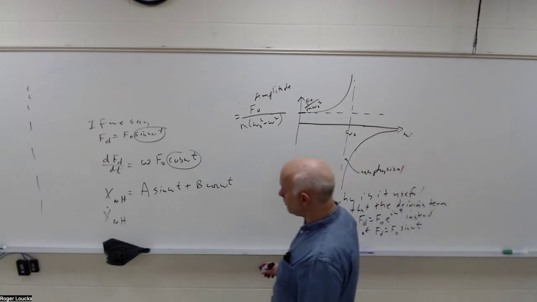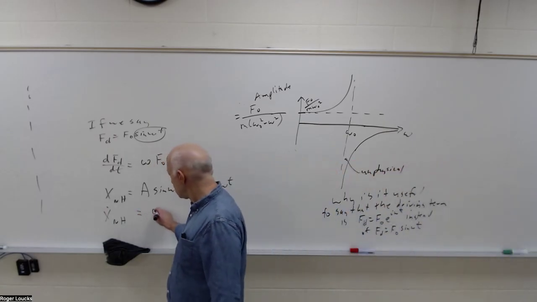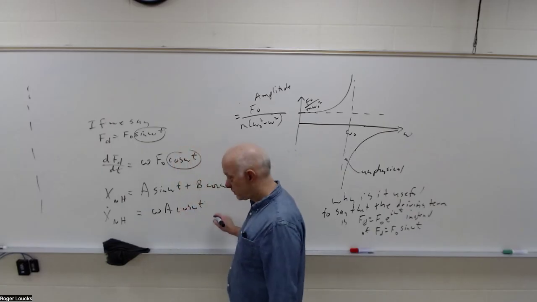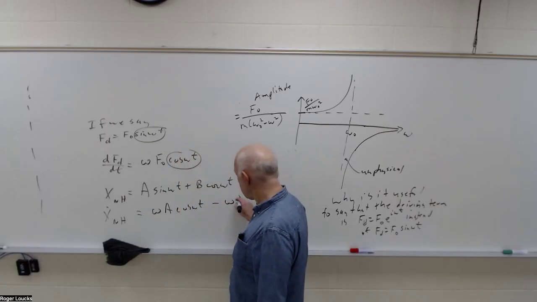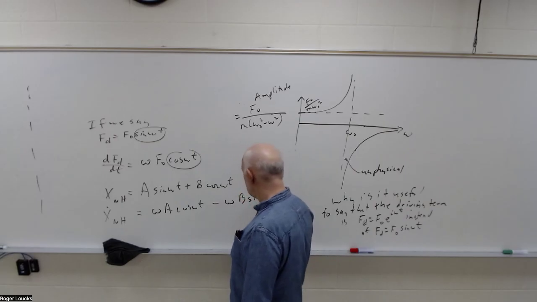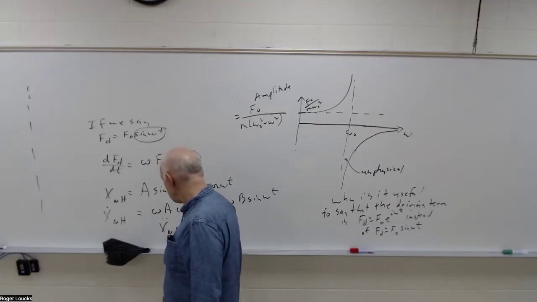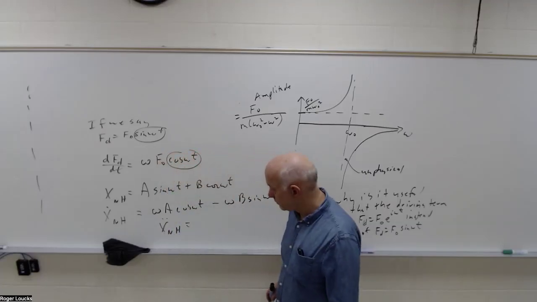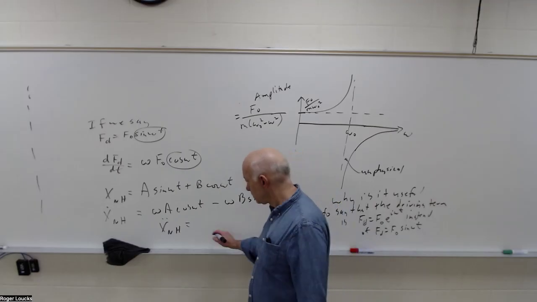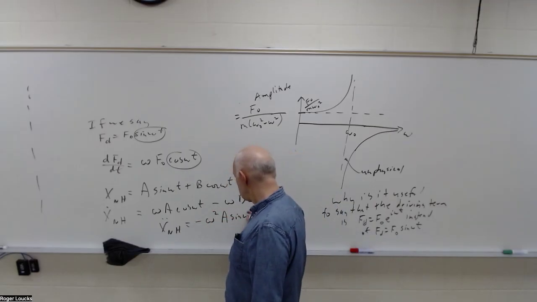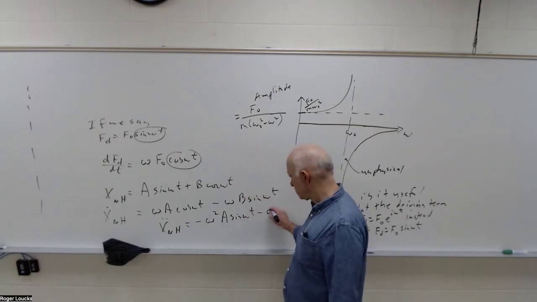The first derivative would be omega A cosine omega t minus omega B sin omega t. Now I take a second derivative of this, which is minus omega squared A sin omega t minus omega squared B cos omega t. Exactly.